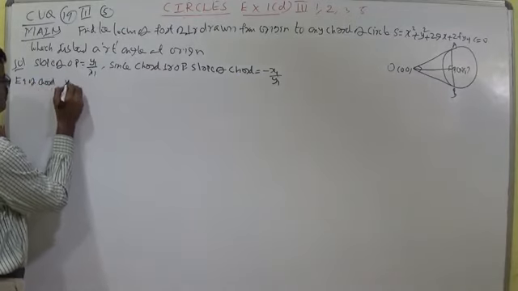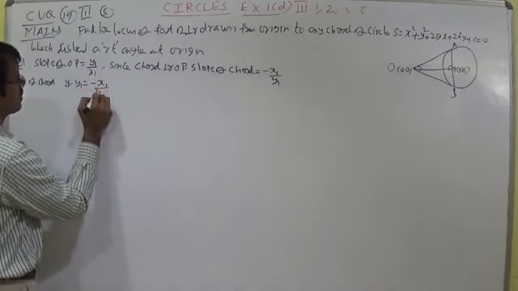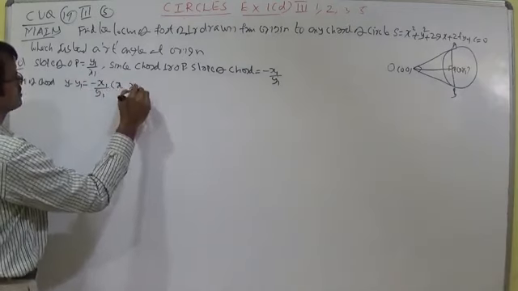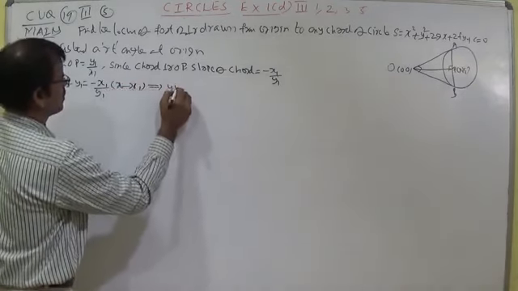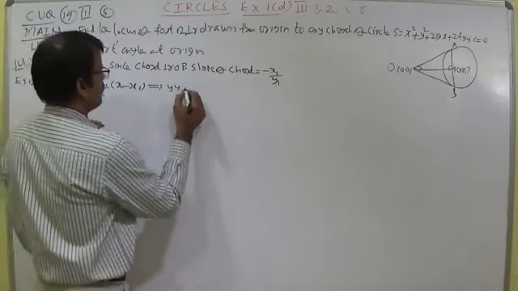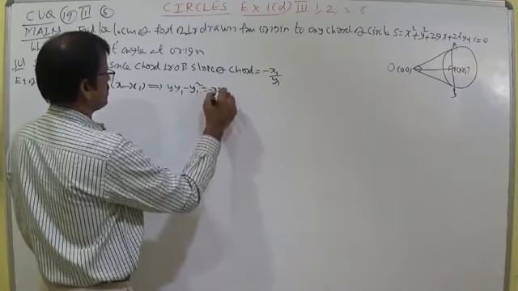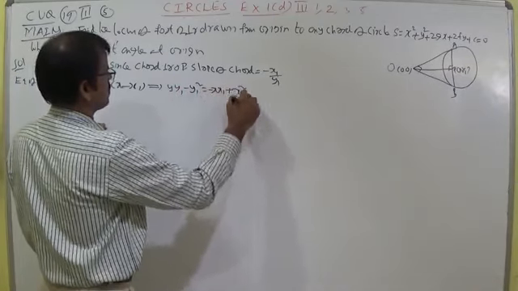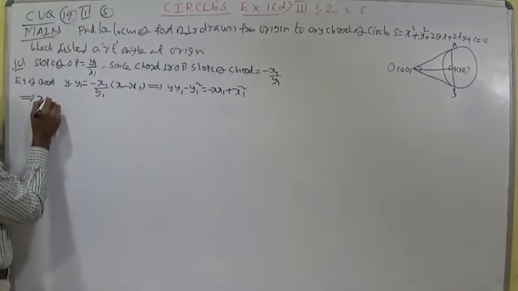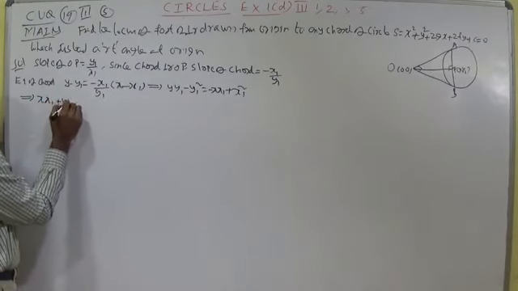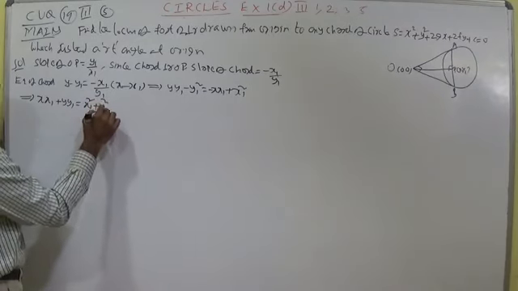Equation of chord formula: y minus y1 is equal to minus x1 by y1 into x minus x1. That implies, taking cross multiplication, we get y y1 minus y1 square is equal to minus x x1 plus x1 square. That one you can write as x x1 plus y y1 is equal to x1 square plus y1 square.